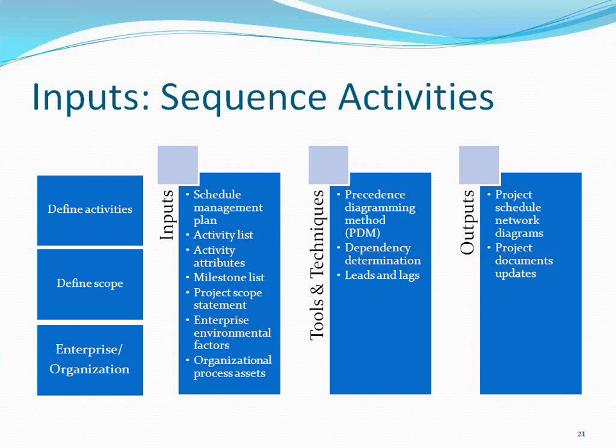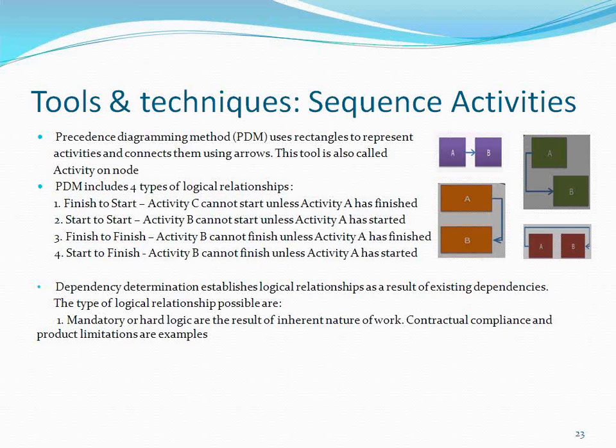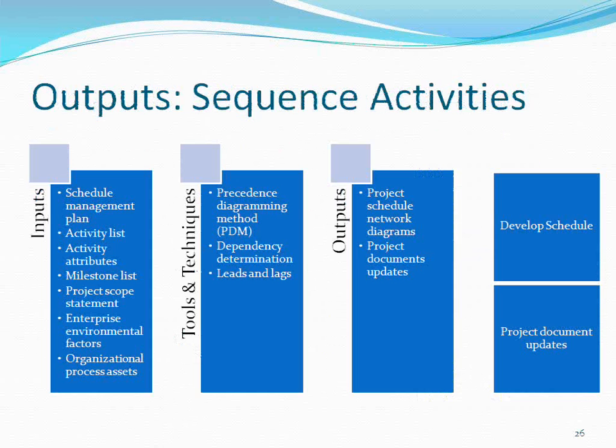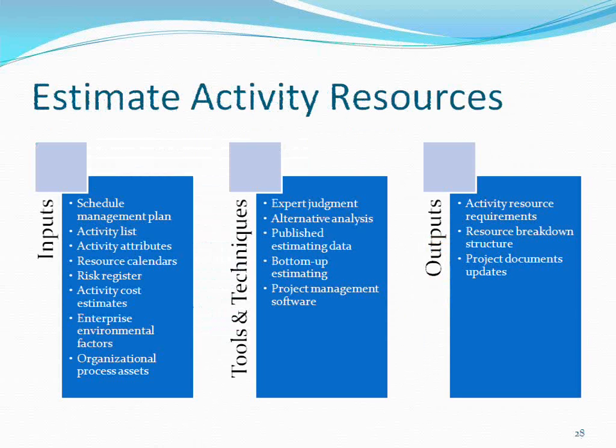Okay, and now the fourth one, we'll see estimate activity resources. So what are the 7 processes in schedule management? The first one is plan schedule management, define activities, sequence activities, estimate activity resources, estimate activity durations, develop schedule, control schedule.